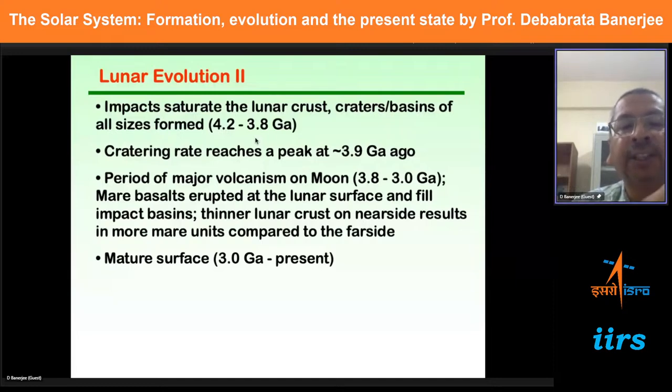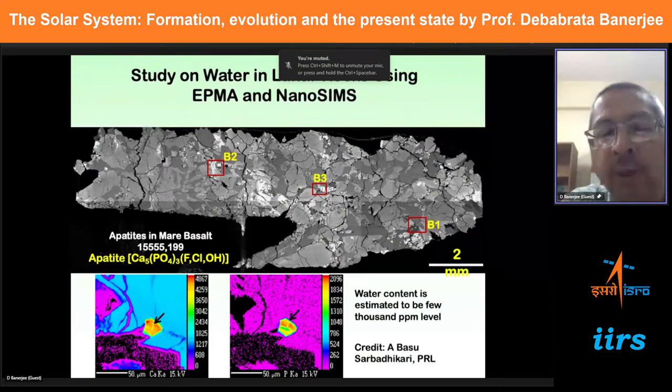We need to know the concentrations in different regions, and only then will we be able to discuss this theory which has come up regarding a non-KREEP source of volcanism. And then you have, of course, a more or less mature surface, and young volcanism is there as well.